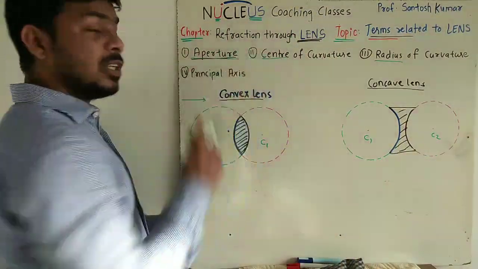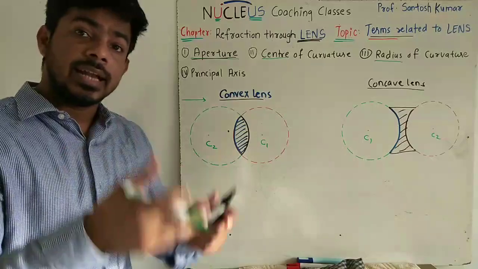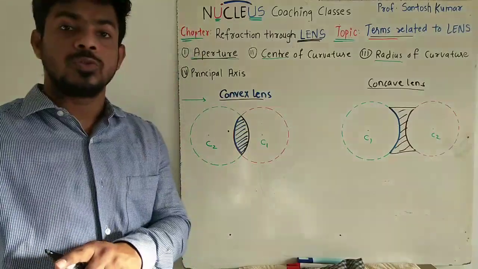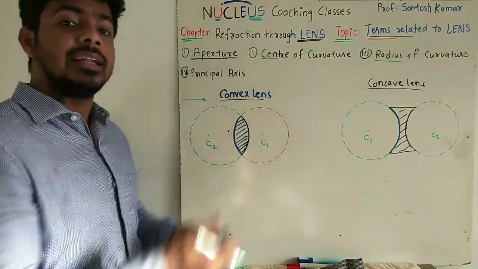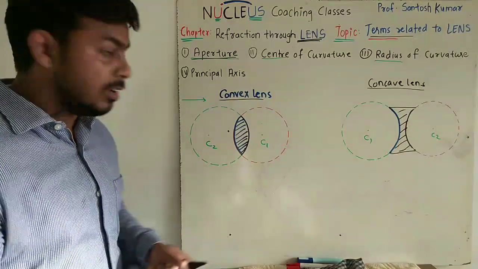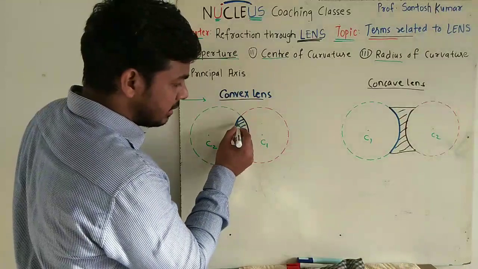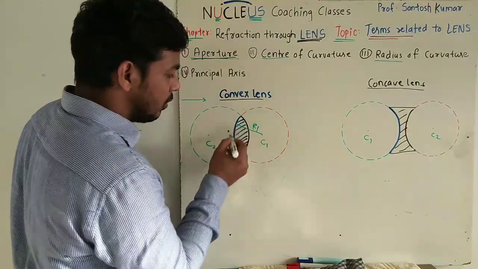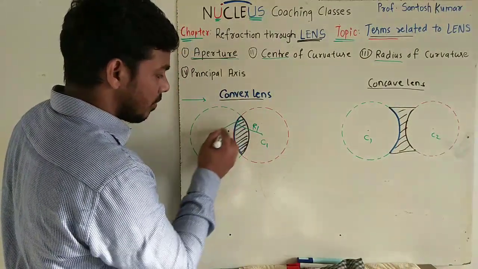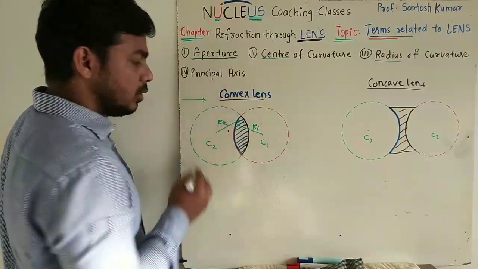So remember, center of curvature is the center of that imaginary hollow sphere of which the given lens is a part. In the same way, this sphere will have some radius. Can I mark those radii? Let's say this is radius R1 and this is radius R2.